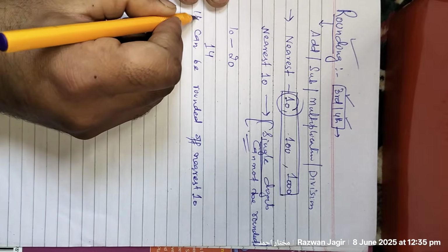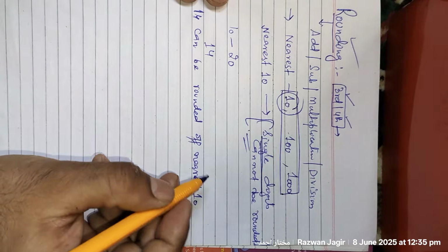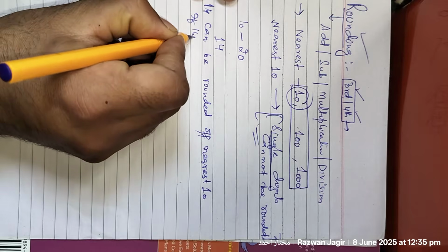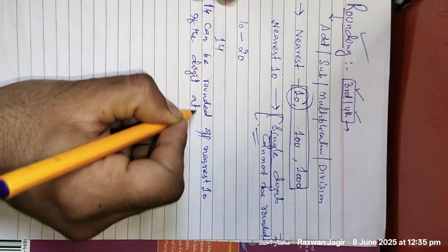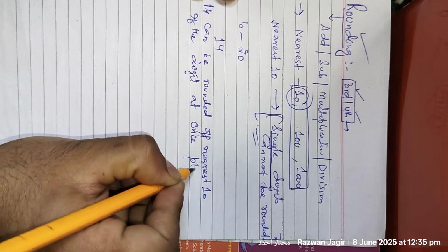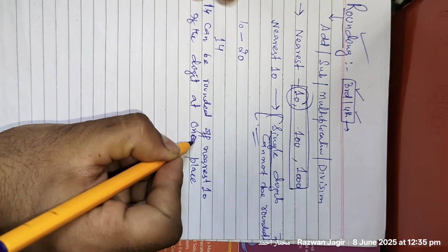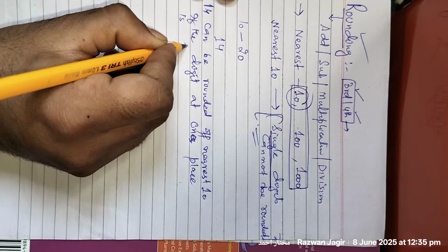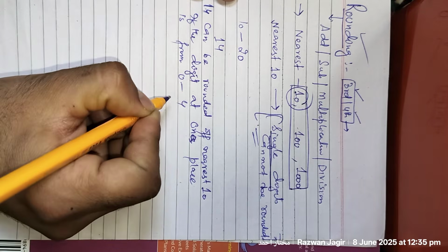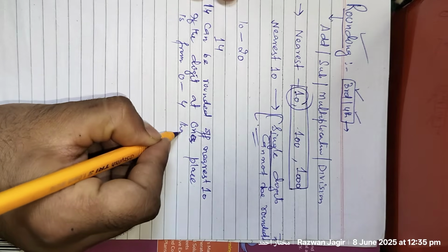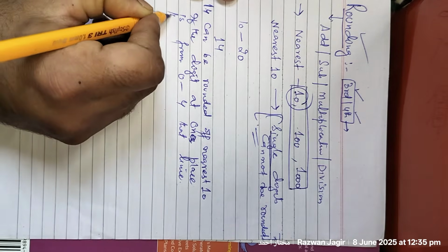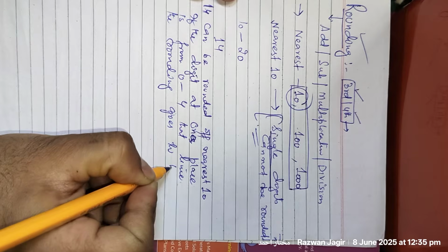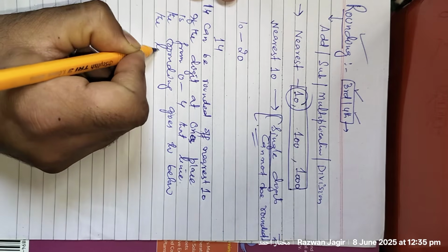So when I have to do the rounding of 14 nearest 10, you have to simply say that if the digit at ones place is from 0 to 4, at that time the rounding goes to below the limit.